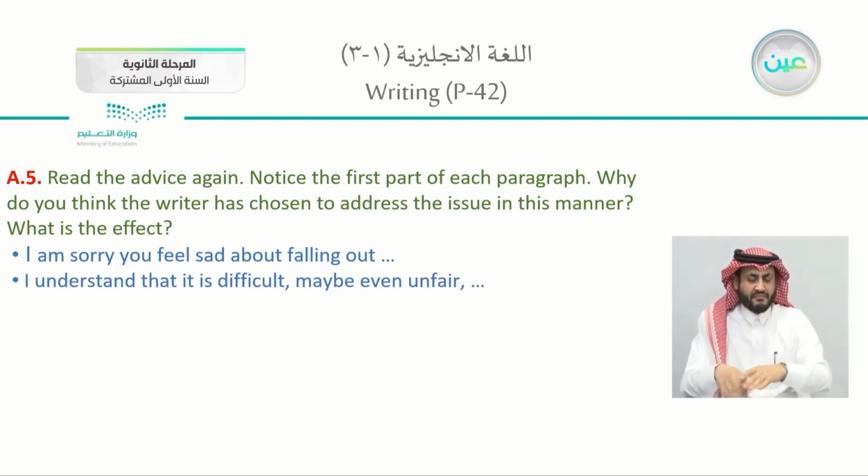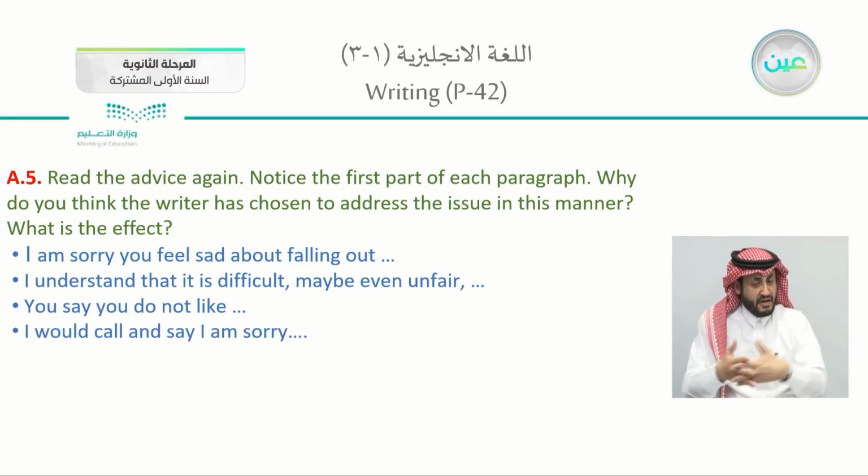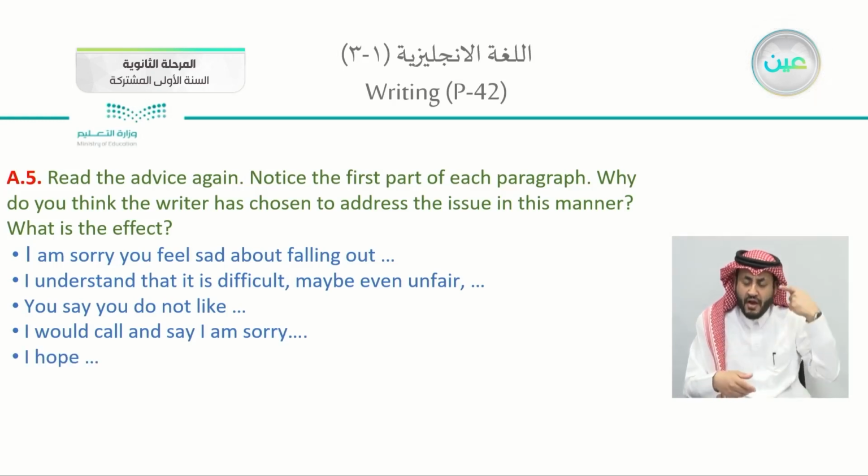The second, I understand that it's difficult, maybe even unfair, to do this or that. You say that you don't like sharing your items. I would call and say that I am sorry. And the last paragraph, which is the ending, I hope this or that.